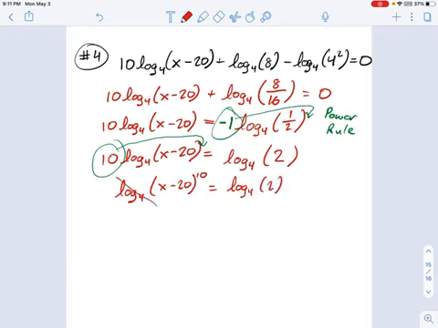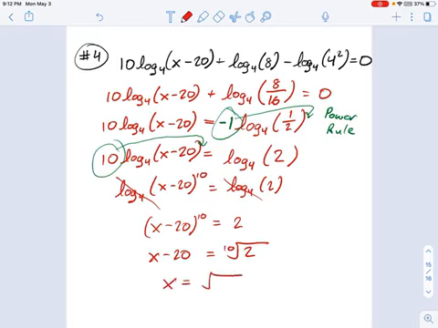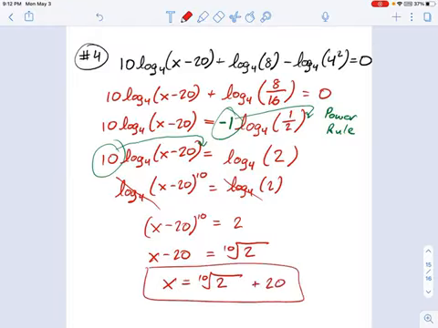Okay, cross out your logs by logarithmic equality, and now you have (x minus 20) to the 10th power equals 2, which means x minus 20 equals the 10th root of 2. And that means x equals the 10th root of 2 plus 20. Okay, and we are all done.